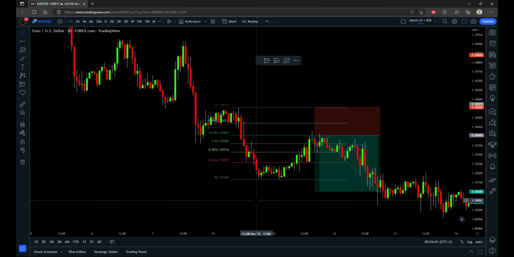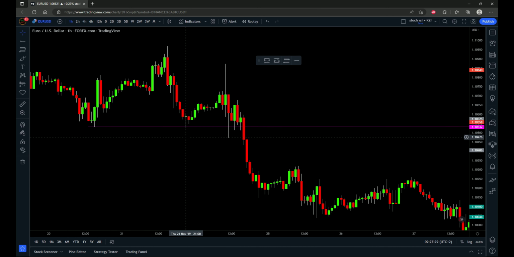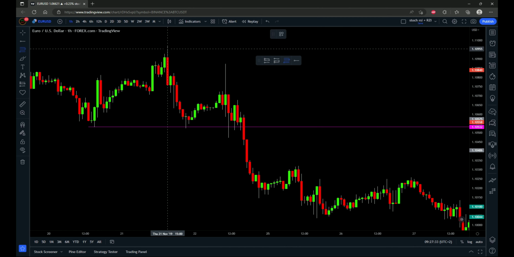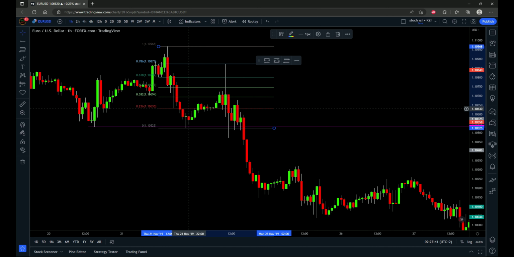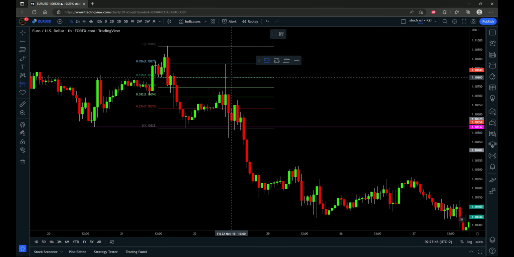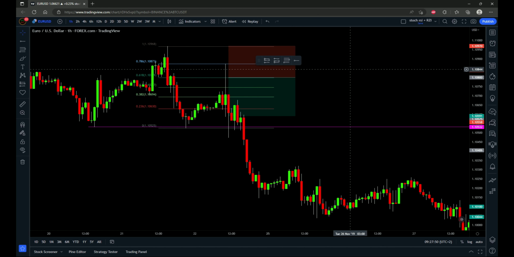Now let's go on to another example just to be extra clear about what I'll be testing. Now here's an example with the market structure break included. So we can see that price no longer creates a higher low here. So what I'll be doing is expecting a lower high to be created after that market structure break to the downside and drawing the Fibonacci tool from the high to the low and then looking to enter into a short position at the 0.618 Fibonacci retracement level with the expectation of a lower high.